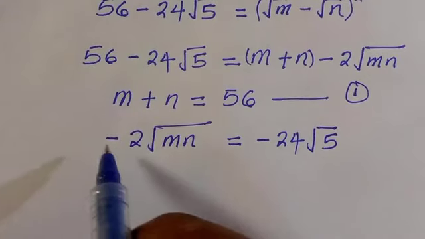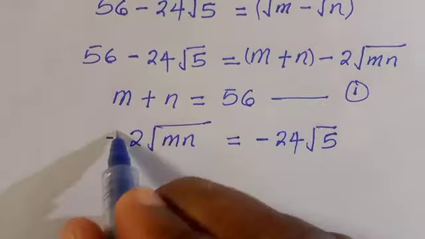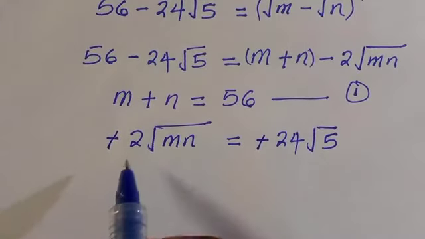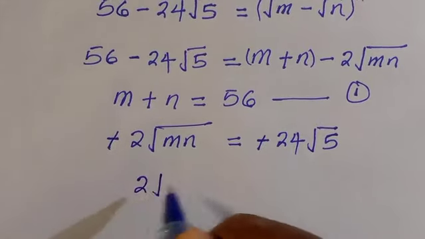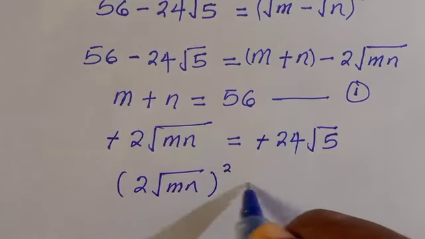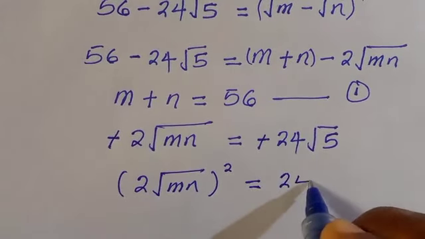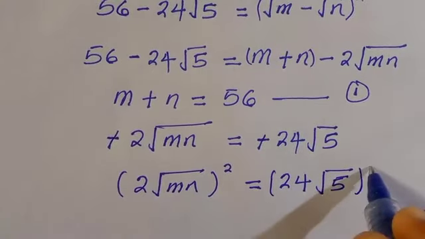With this, I cancel the negative first, and take the square of both sides. We have 2 root mn all squared equals 24 root 5 all squared.